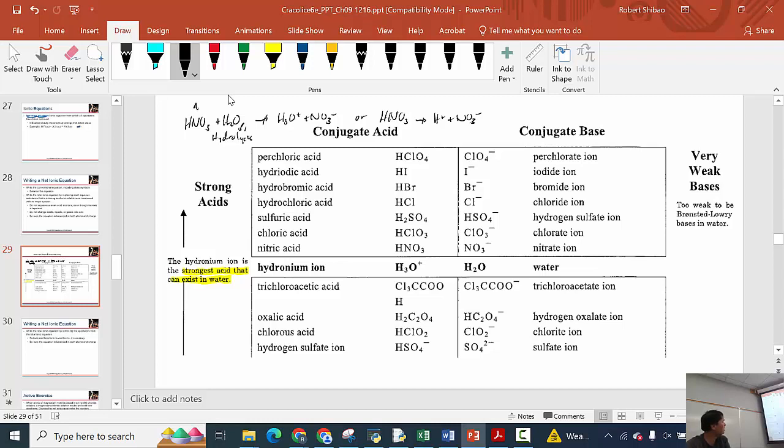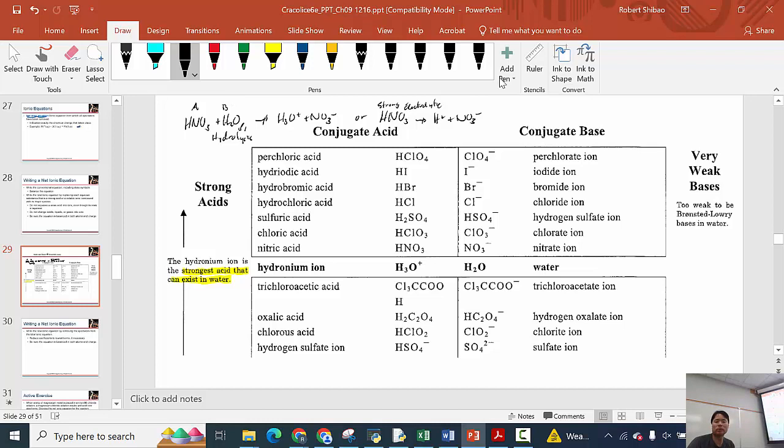This is our acid, this is our base, so this is an acid-base reaction. Over here we're looking at it as an electrolyte. HNO3 is a strong electrolyte, and what do strong electrolytes do? They dissociate or ionize in water, so it breaks up completely into ions.